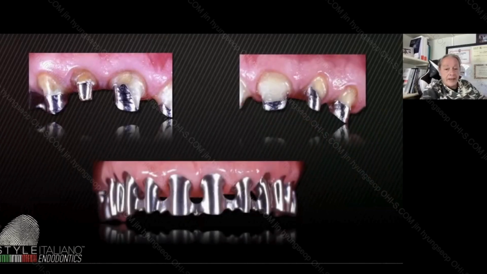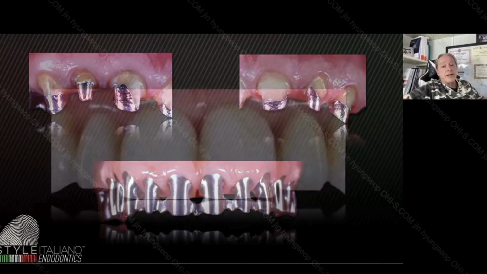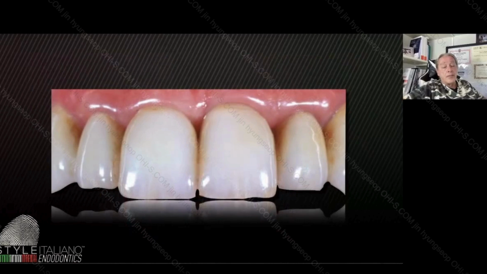Because we had very precise and good techniques that were based upon the use of very rigid materials, both as restoration materials and as cements and the materials used for the luting of these devices.